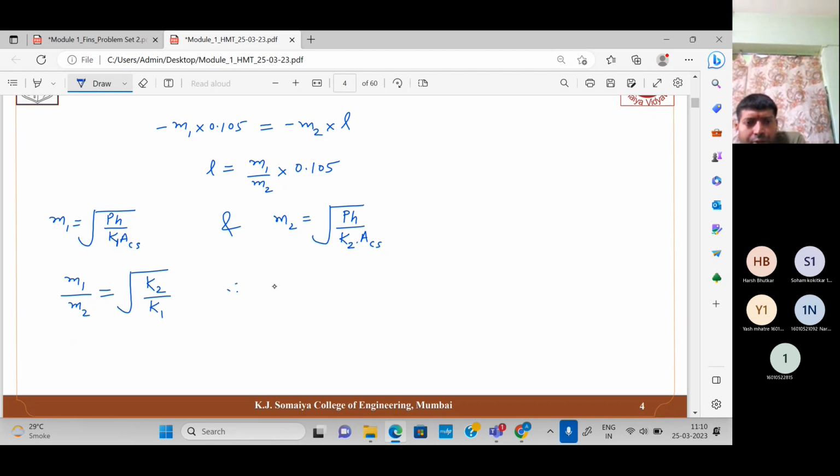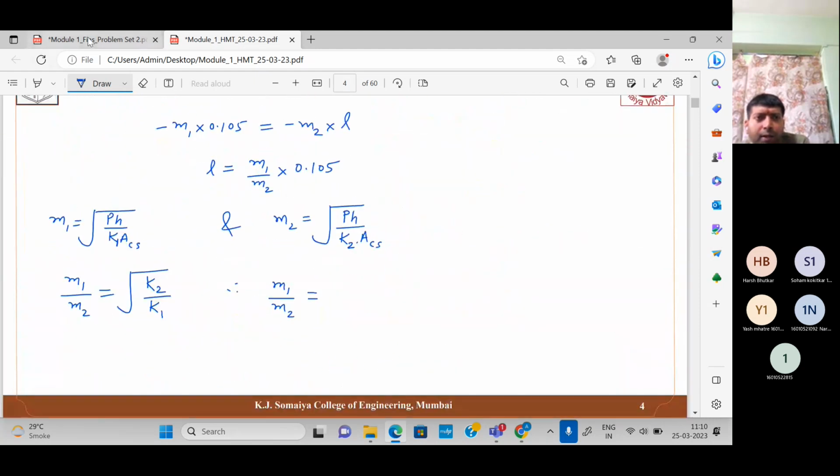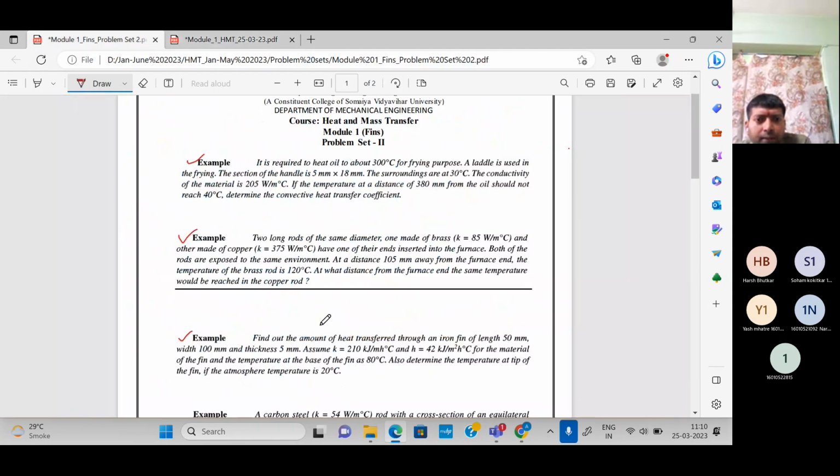Okay, so here just find the ratio m1 by m2. What is the thermal conductivity of copper? क्या दिया हुआ है thermal conductivity copper का 375 और brass का, that is this is K2, and brass का जो है, it is given as 85, that is K1.